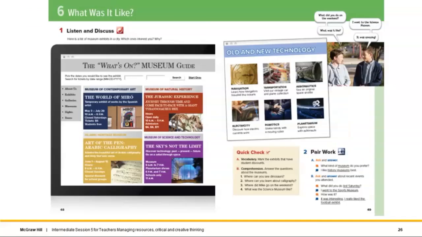How about this? This is a different take on museums. The one on museum guides. This is not Supergoal 1, so it's a different sort of approach to it. A guide, a museum guide.